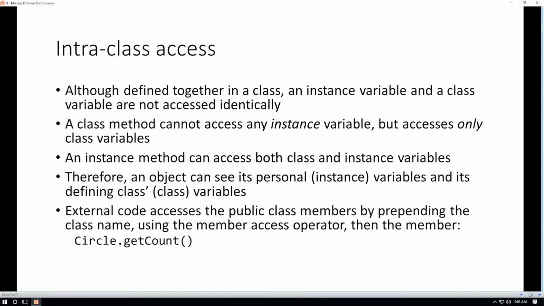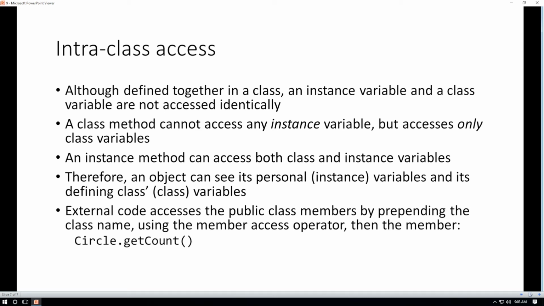Outside of the class, to access an instance variable, you need a reference to that object and then ask it to return the value of that variable, typically through using an accessor method. For a static member, we must prepend the class name, put the member access operator, the dot, and then the name of the static member. It does not have an object name, but it does have the class name.